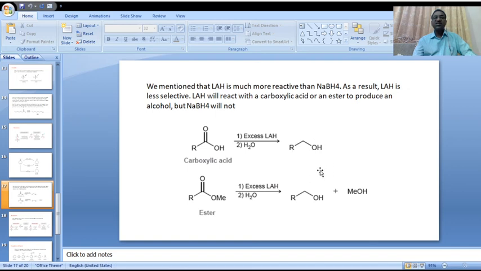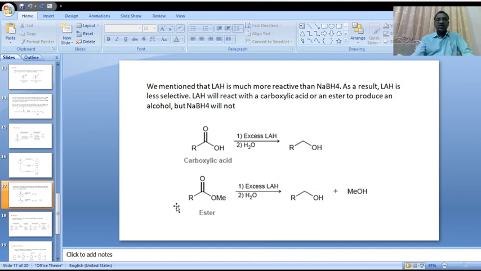From this, all carboxylic acids turn into alcohols. This reaction will not occur with sodium borohydride, NaBH4. It is a weak reducing agent. Based on that, we cannot proceed with this type of reaction with NaBH4.